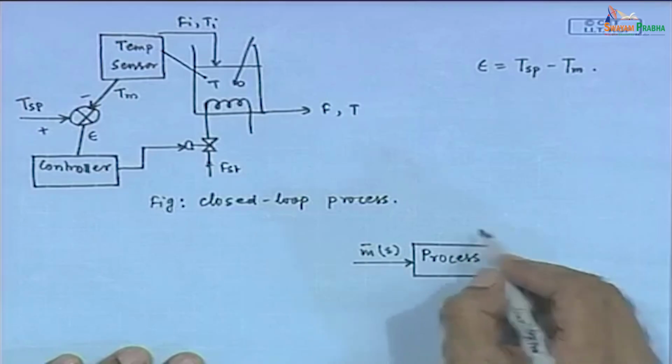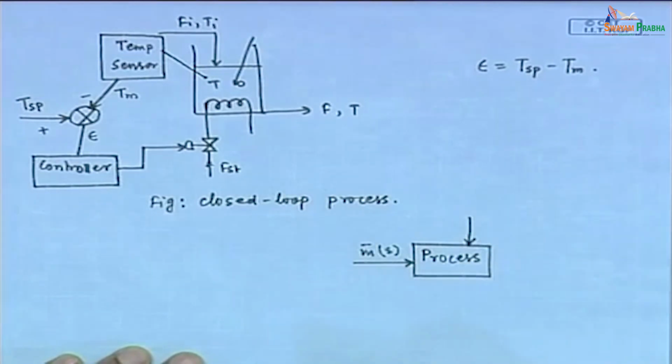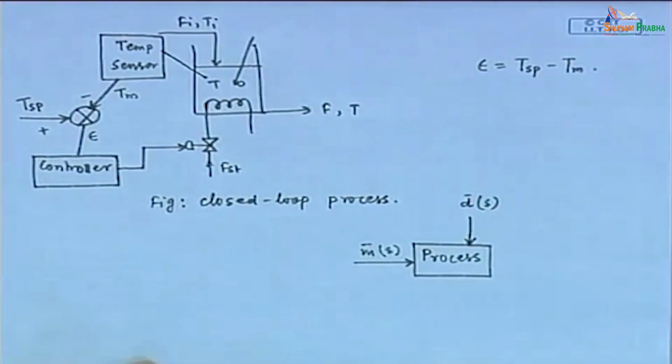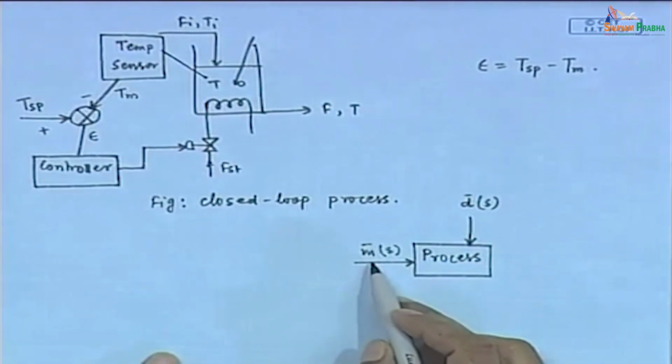Fine. And another input is considered, that is the disturbance d bar s. So, there are two inputs affecting the process. One is the final control element output, another one is the disturbance.